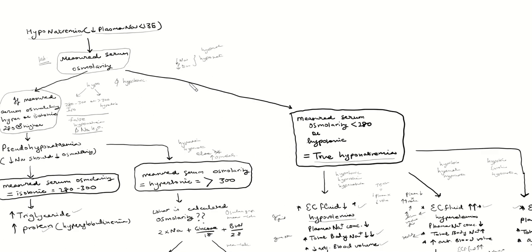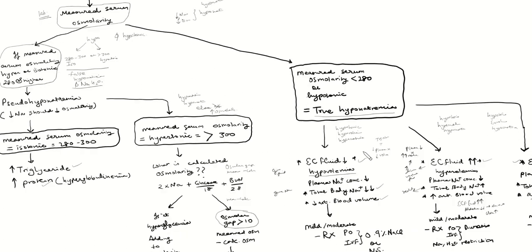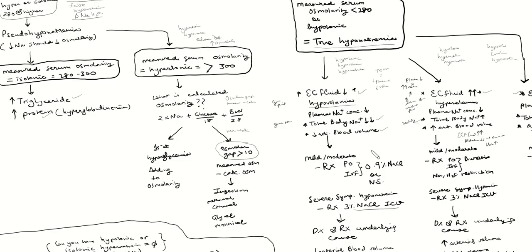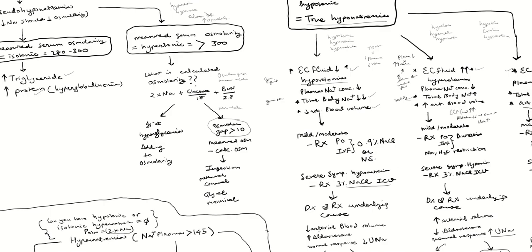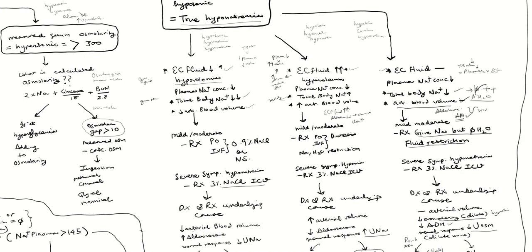However, if it's hyponatremia that's hypotonic, then we have true hyponatremia. What did we do? We divided this into three categories: hypovolemia, hypervolemia, and euvolemia. And we went through how the total body sodium is going to be and how we're going to treat it based on those three criteria.